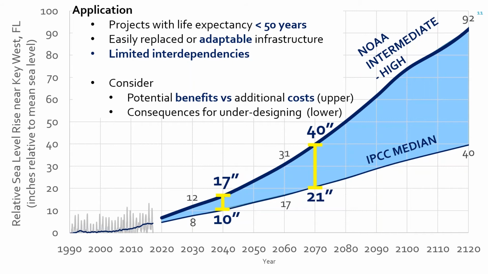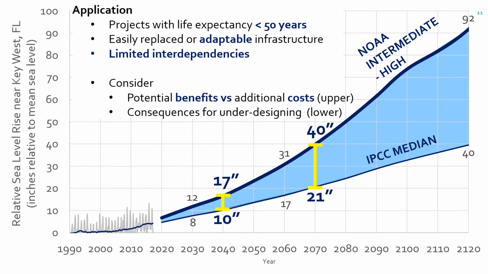Also, it should be for projects that have limited interdependencies. If it's a piece of infrastructure that many different business sectors or property owners or even other pieces of infrastructure are connected to, then it would be considered to have high interdependency.